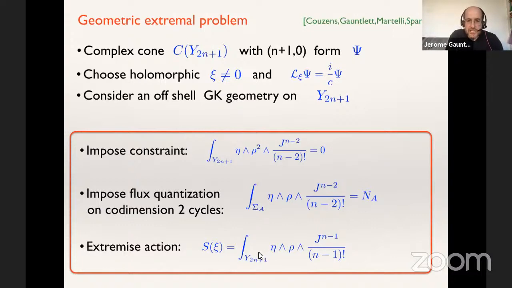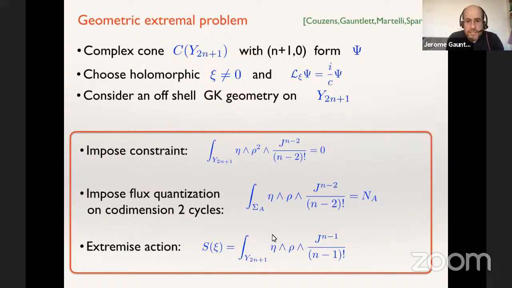And this is the action, which is just a functional, given this data, of the choice of holomorphic Killing vector. In other words, if I vary this functional as a functional of my choice of xi, satisfying these conditions, at the extremal point, I'll put myself on shell, and I'm varying the action over the space of the dual R-symmetry vectors from the field theory AdS/CFT point of view.